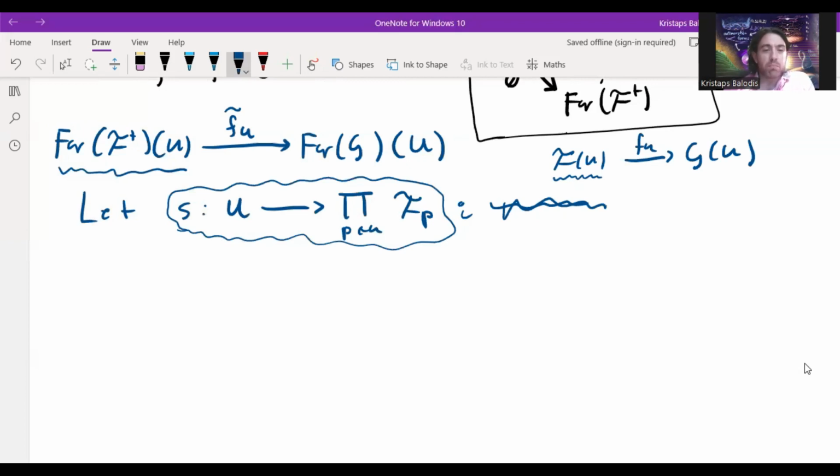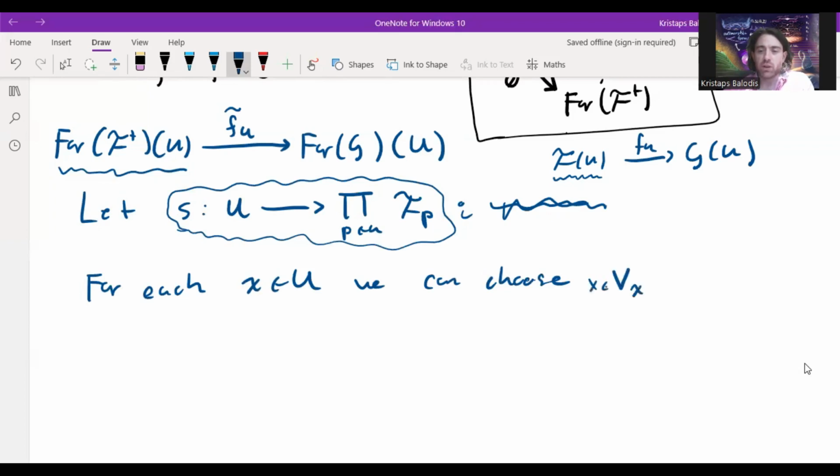So because of our defining feature, for each x in U, we can choose some Vx. I'm going to label it sandwiched in between x and U.